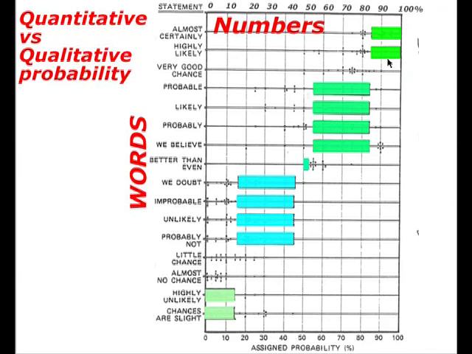When it's just probably or better than even, it's around 50 to 60%. It could be a little bit of a range, but not a lot. So the psychologists would try to use ordinary language, people describing their beliefs in words, to assess numerical numbers which represent these probabilities.